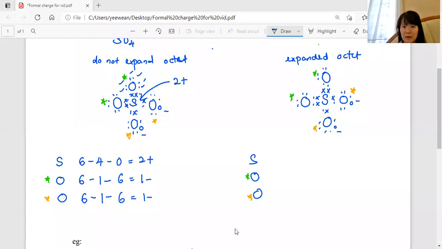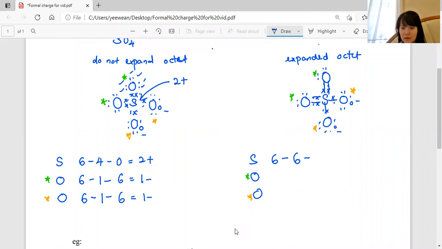Let's try the expanded octet one. So sulfur here, 6 outermost electrons. There are 12 bonding electrons, so half of that would be 6.